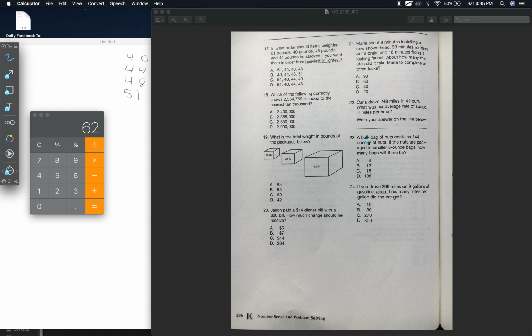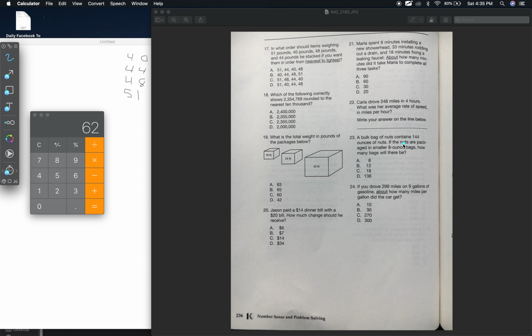Okay, 23. A bulk bag of nuts contains 144 ounces of nuts. If the nuts are packaged in smaller 8-ounce bags, how many bags will there be? Okay, so we know that the bag of nuts contains 144 ounces.